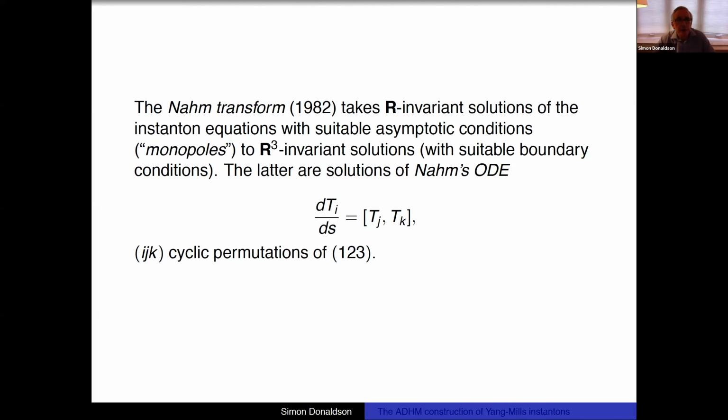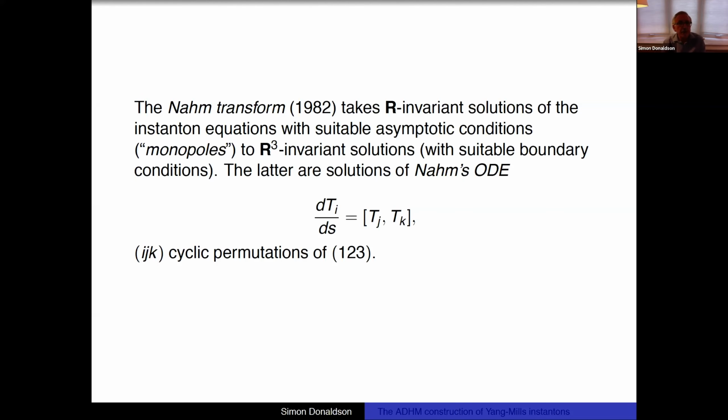And Nahm showed that there was a transform in the same vein as the Mukai transform, or also the ADHM construction, which took these R-invariant solutions of the instanton equations to R3-invariant solutions, solutions of the equations which are invariant under 3 translations.